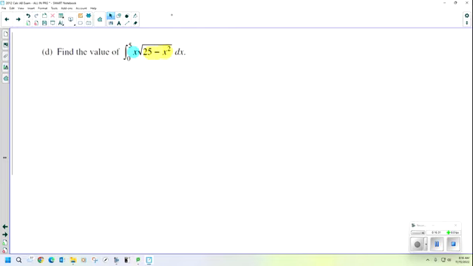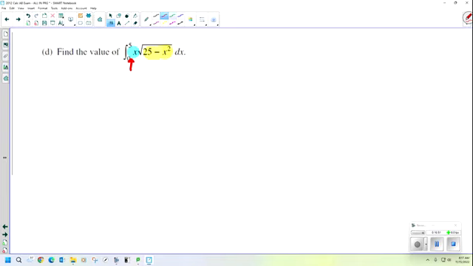Let me say that again. We have an expression, 25 minus x squared, in my integrand here. And the variable portion of that derivative, 2x, the x, is also there. And that is the guideline for figuring out what you should make your u and what you should make your du.